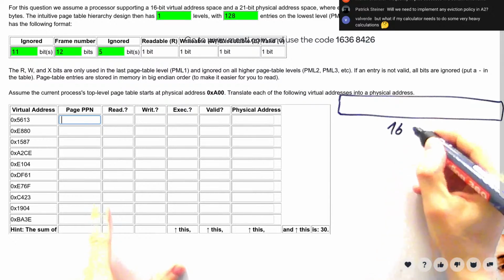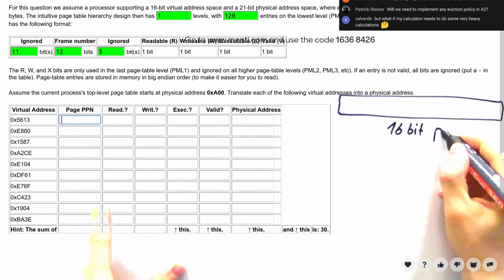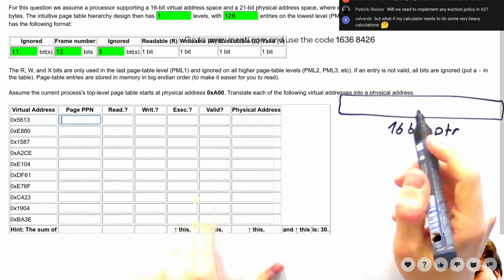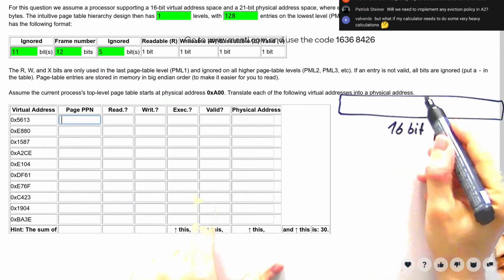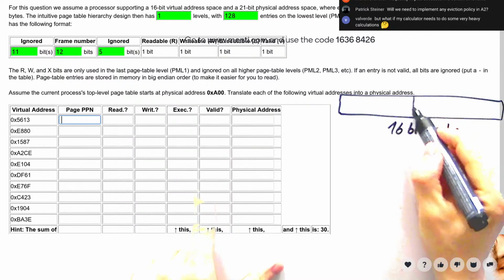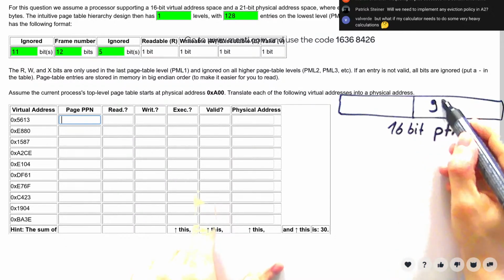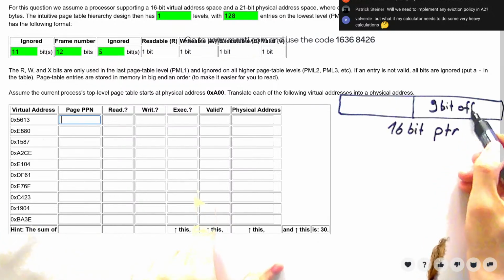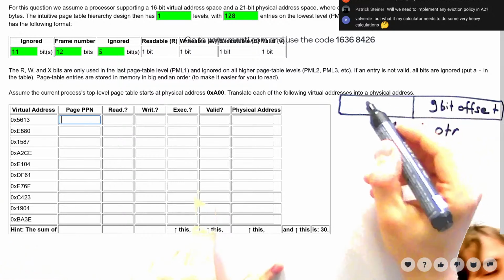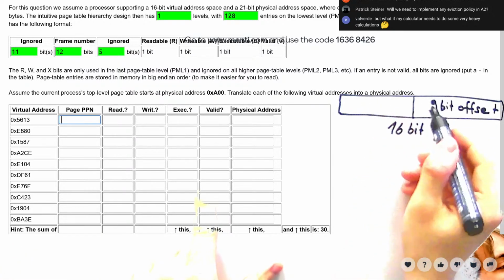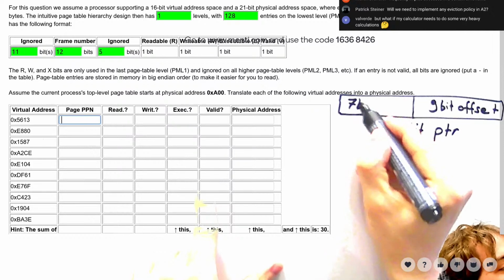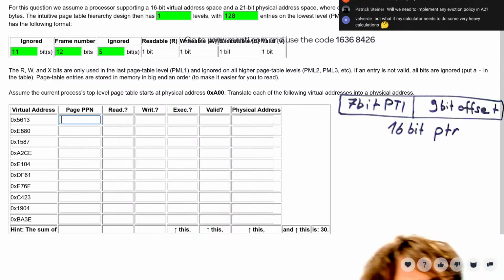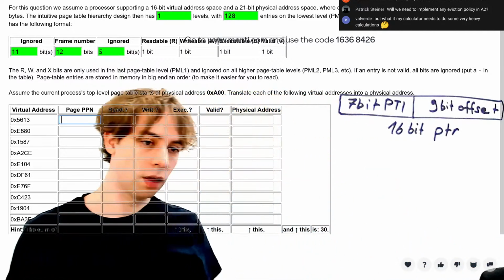A 16-bit pointer. And this 16-bit pointer will consist of 9 bits offset, and on top of that, 7 bits PTI, the page table index.